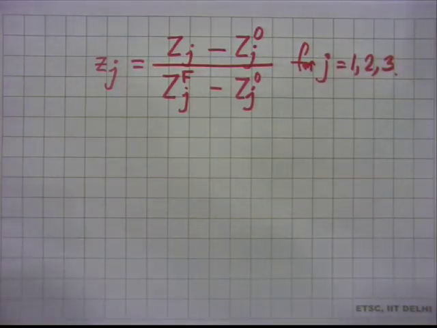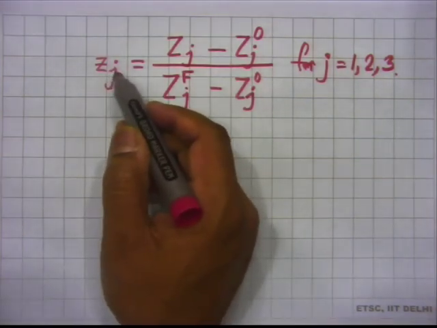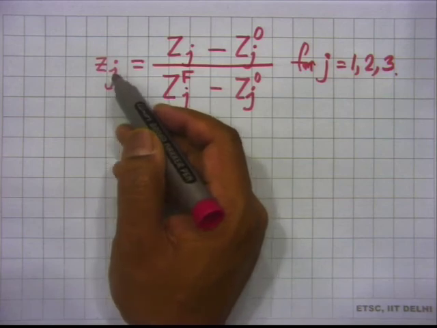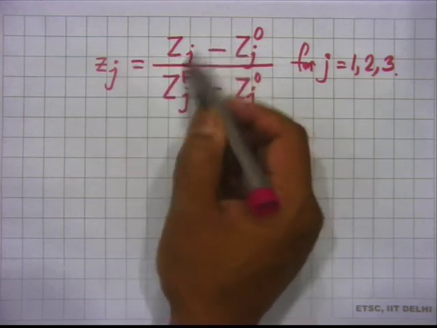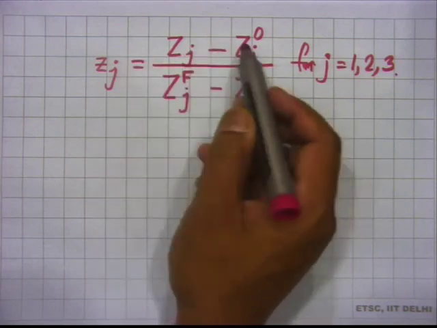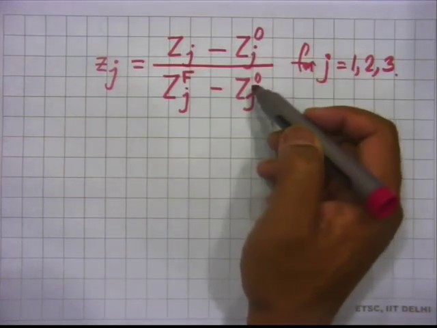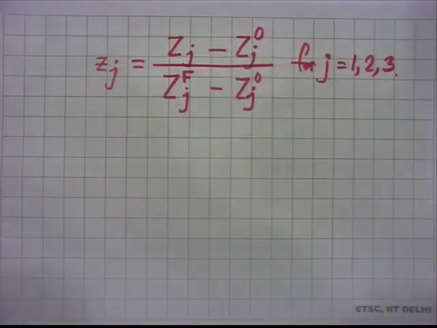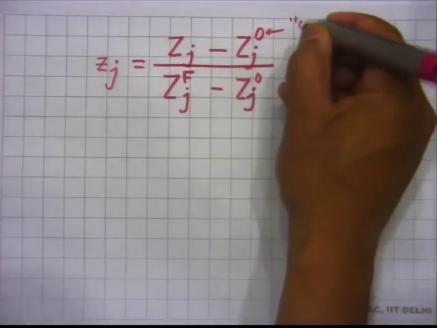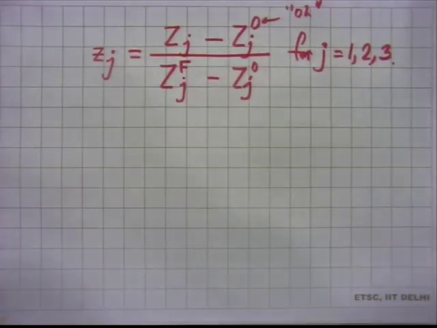So what is the small zj? This is a new quantity that we are defining. This is some kind of a combination of Z itself and its values in the oxidizer stream and in the fuel stream. So this is O, not 0, the English alphabet O, and this is F for fuel.